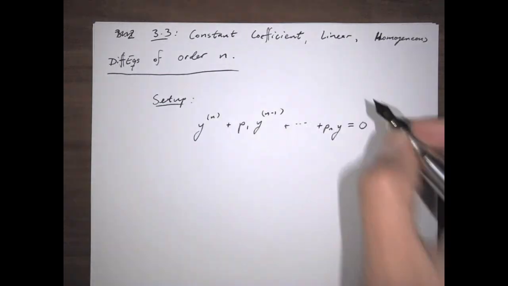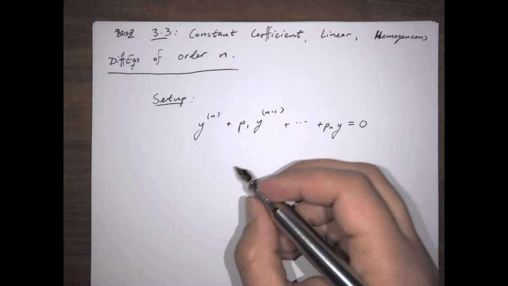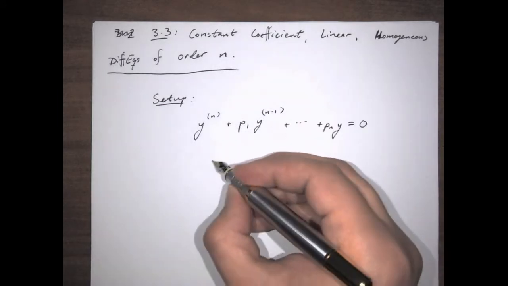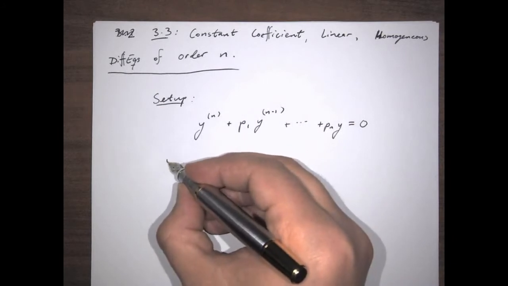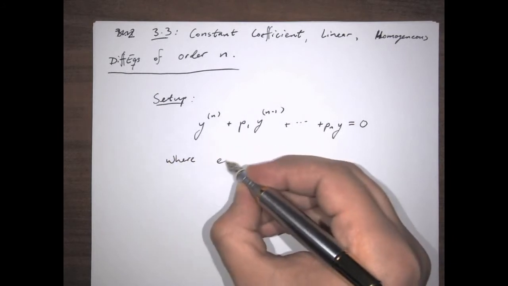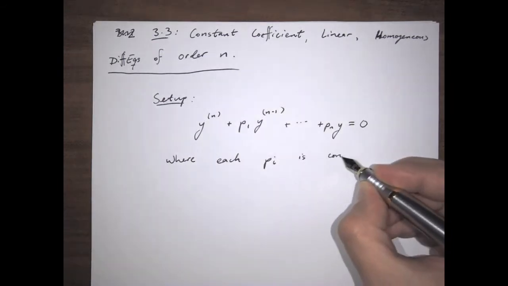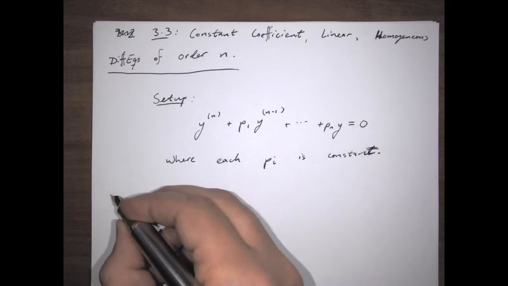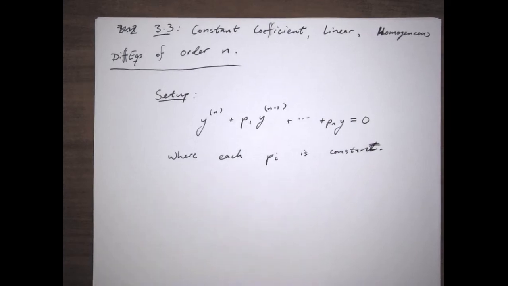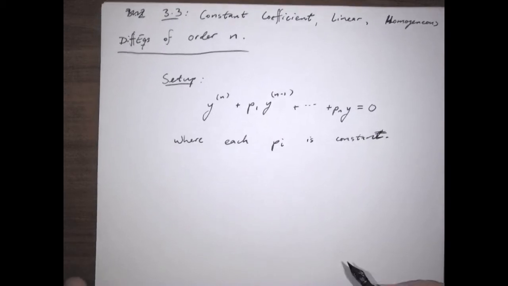It's linear because these p's are assumed to be functions not of y but of just x. But furthermore, it's constant coefficient because the pi's are each constants, where each pi is constant. So here we've got basically the same basic setup as we had in 3.1, except that it's higher degree.